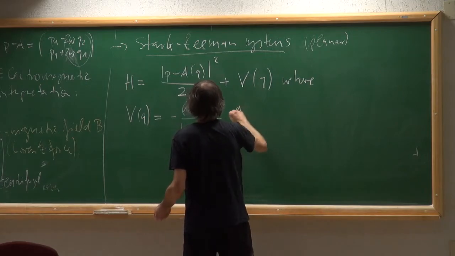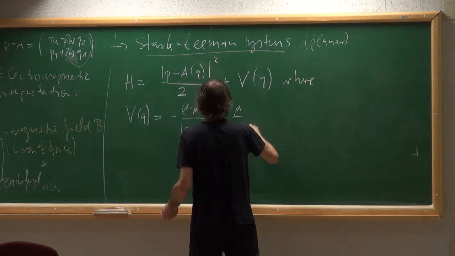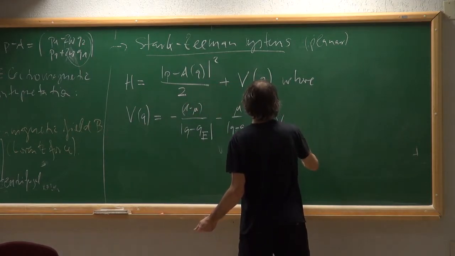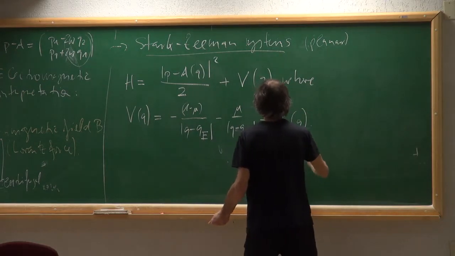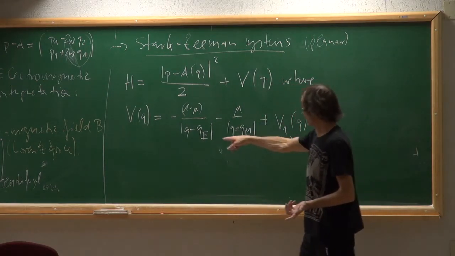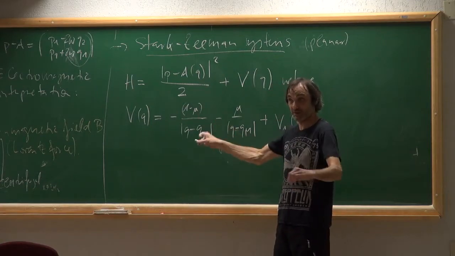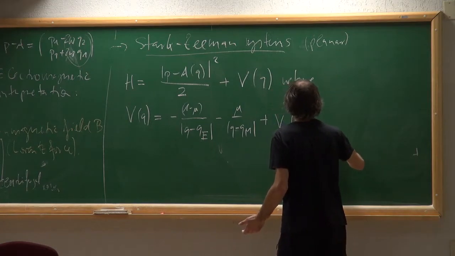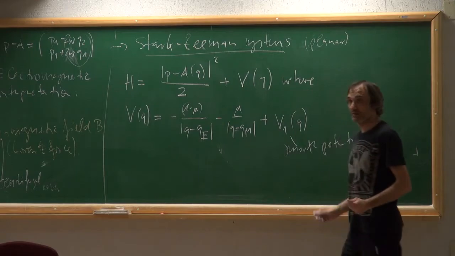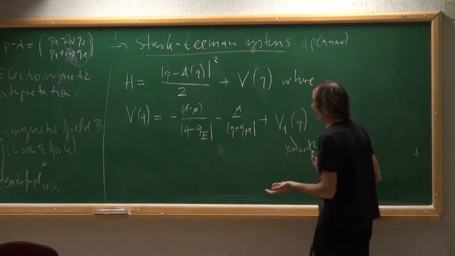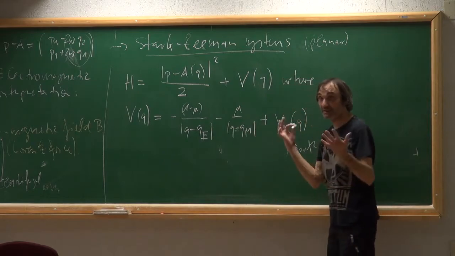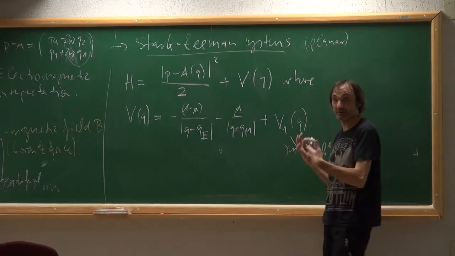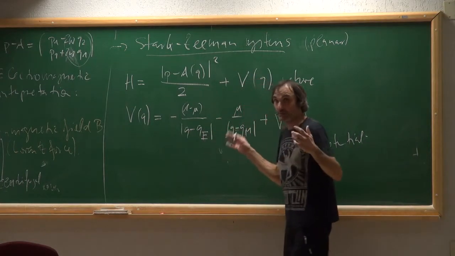Then minus mu over the distance to Q_M, the second one, and then we just add an arbitrary V1 of Q, which is a smooth potential without singularity. So those have singularities at two positions, Q_E and Q_M, in the plane, and this is a smooth potential. Everything is time independent, and you can interpret it either as a system from celestial mechanics in a rotating coordinate frame, or as an electromagnetic system in an inertial coordinate frame, or anything else.